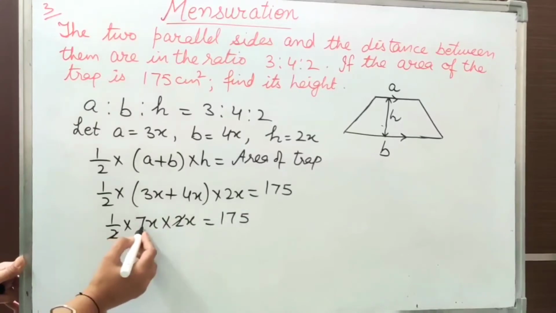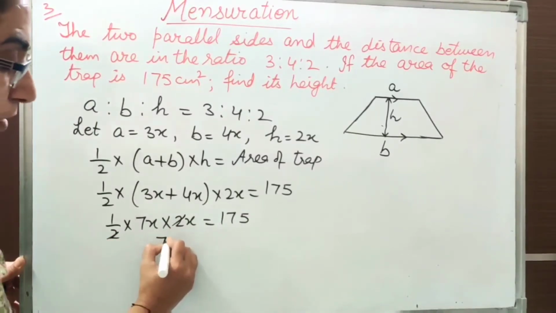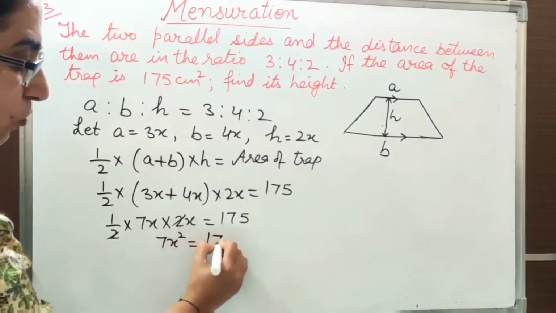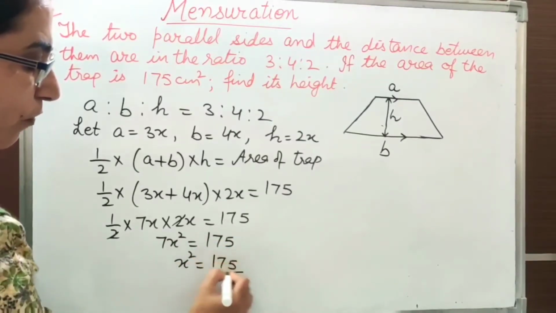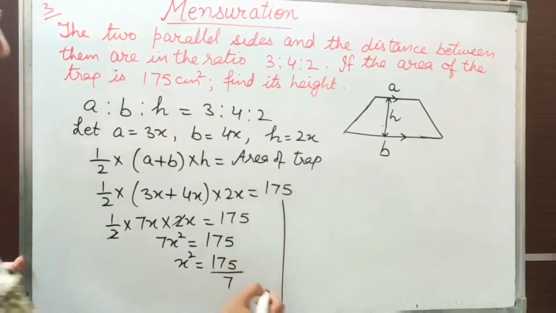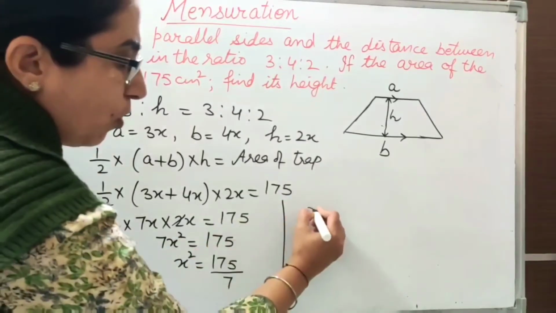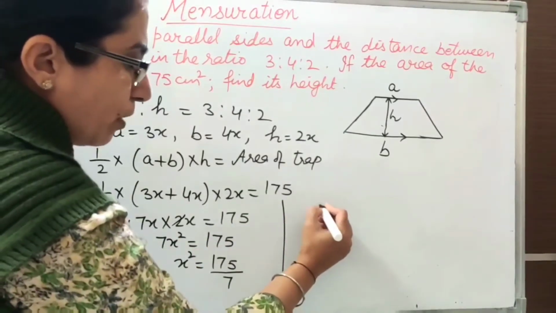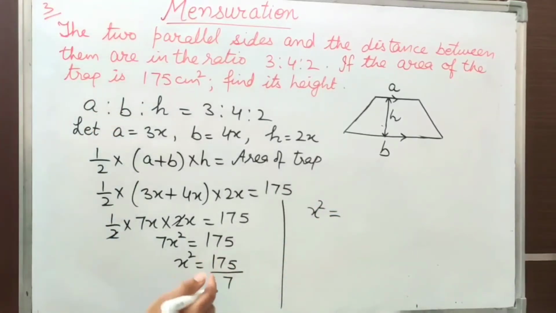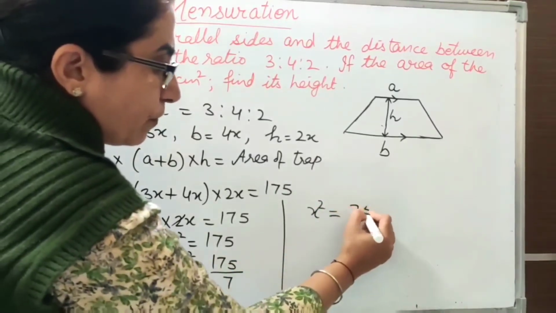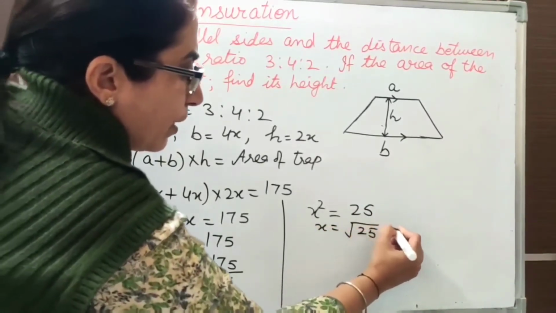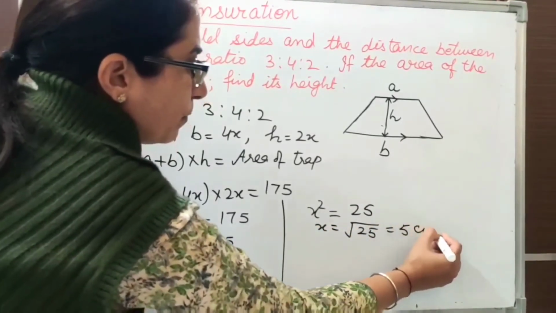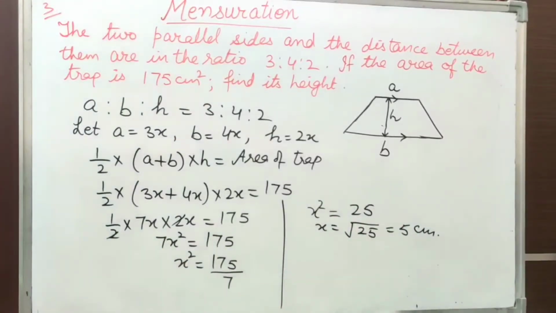So 2 and 2 cancel. 7x multiply x is 7x square, that is 175, and then x square is 175 upon 7, which is 25. So x is square root of 25, that is 5 centimeter. So the value of x is 5 centimeter.